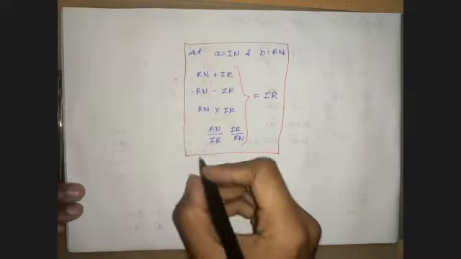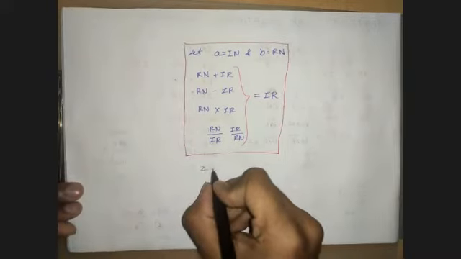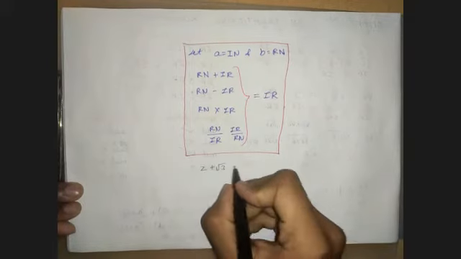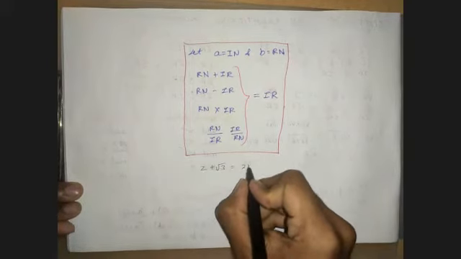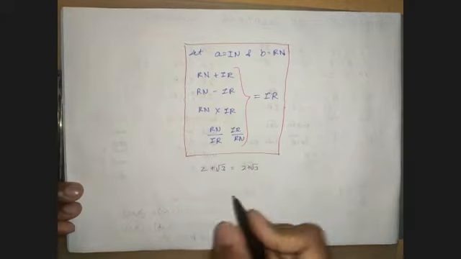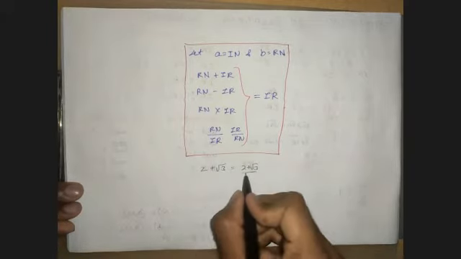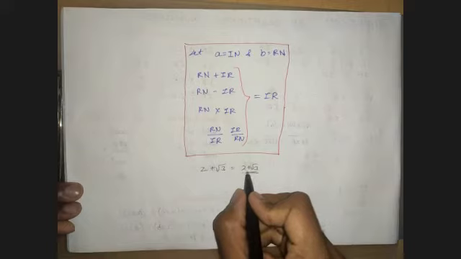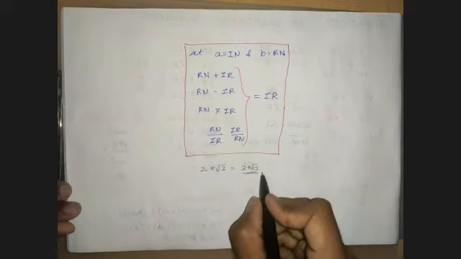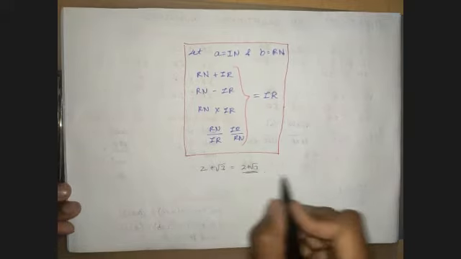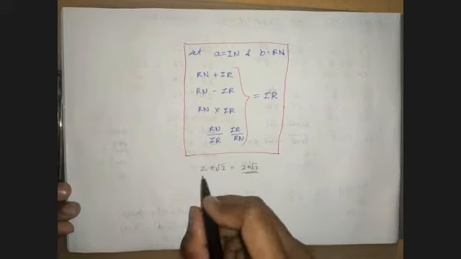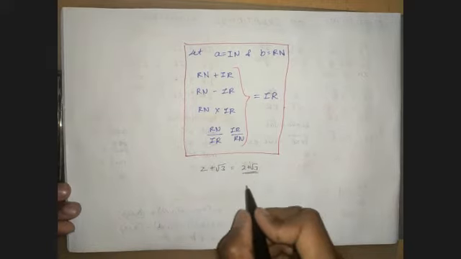like for example, let me take 2 is a rational number plus root 3 is an irrational number. This would give me 2 plus root 3, which is an irrational number. It is a different type of irrational number. When I add it, I get a non-terminating non-repeating decimal. So it's an irrational number. It cannot be expressed in terms of a fraction.